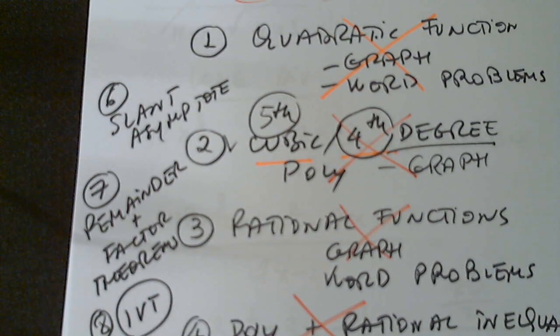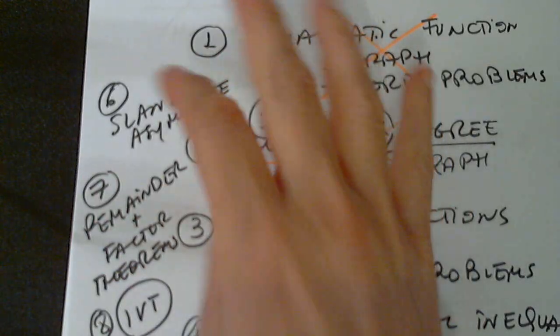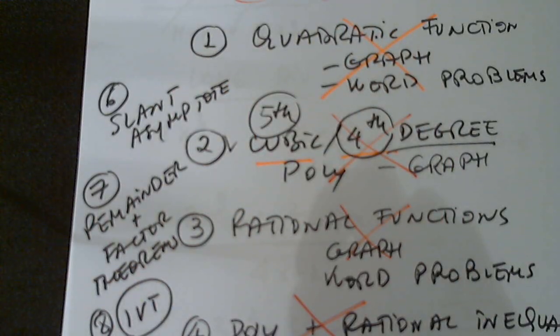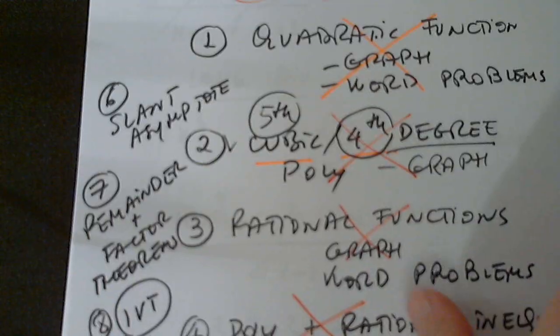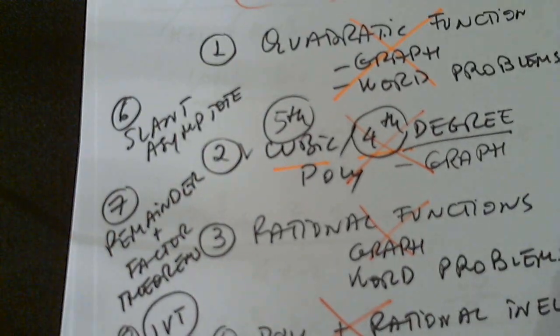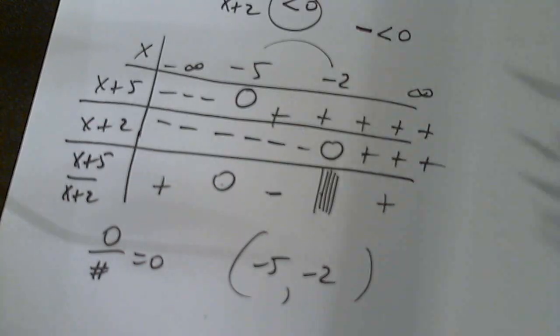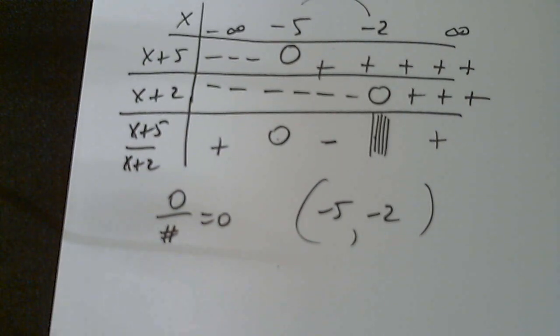I'll explain what that is. So we want to look at the slant asymptote. Remainder. Okay. So let's choose one. We're going back to rational functions. And let me just see the page number. It was 429.